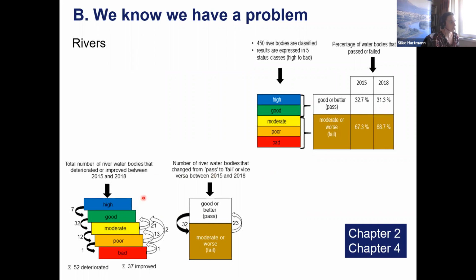And if we look at the changes in status between those 2 reporting periods, we can see that 23 river water bodies improved from moderate or worse to good or better, but that was offset by 32 water bodies that deteriorated.